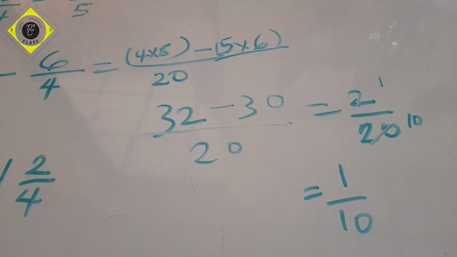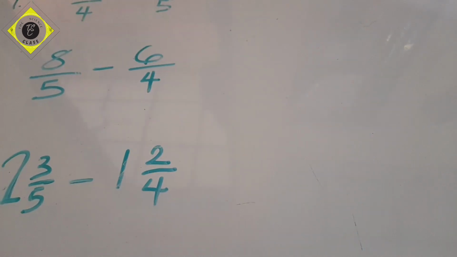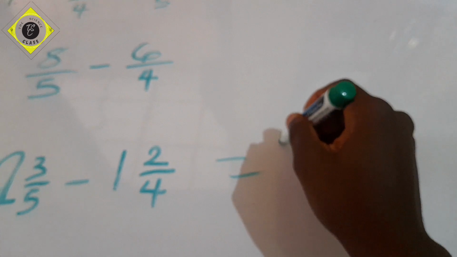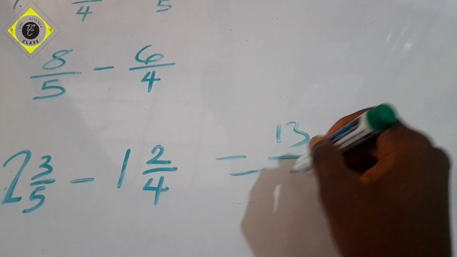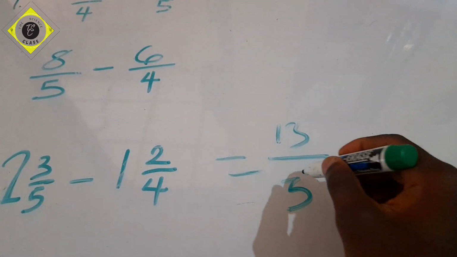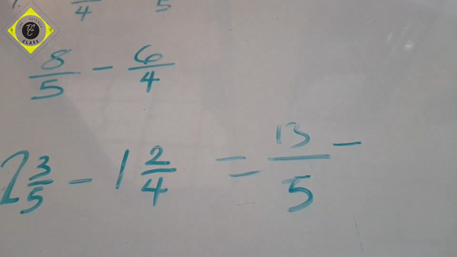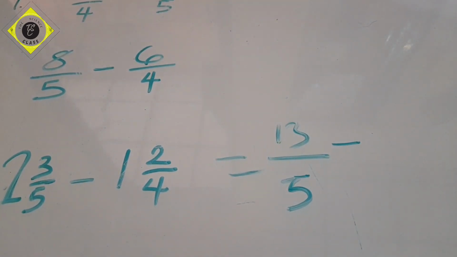Our last example for today is 2 whole number 3 over 5 minus 1 whole number 2 over 4. We have 2 times 5, which is going to give you 10. 10 plus 3 is going to give you 13 over 5. 13 over 5 minus the other number, 1 whole number 2 over 4.